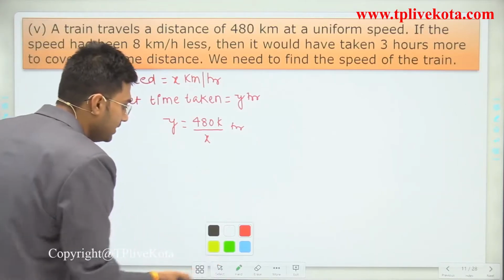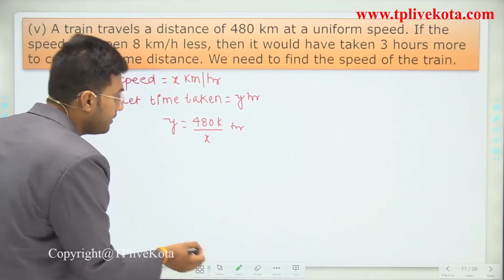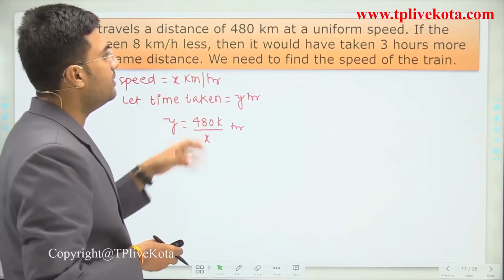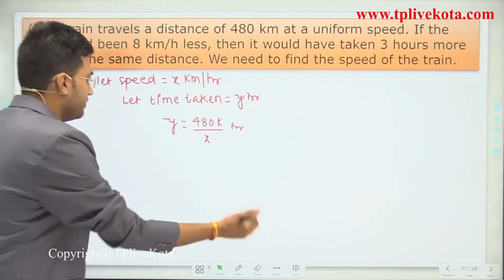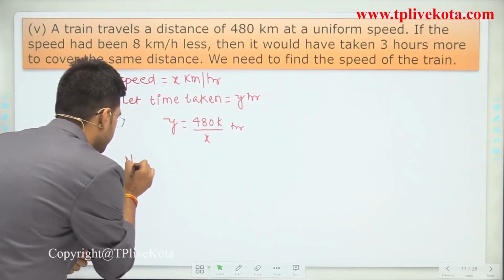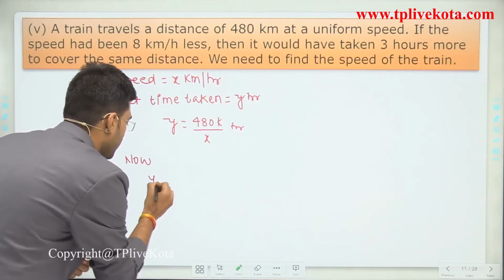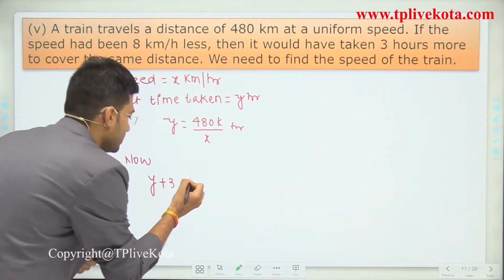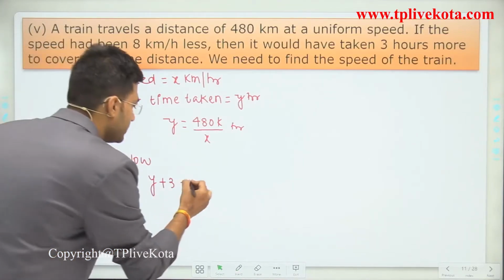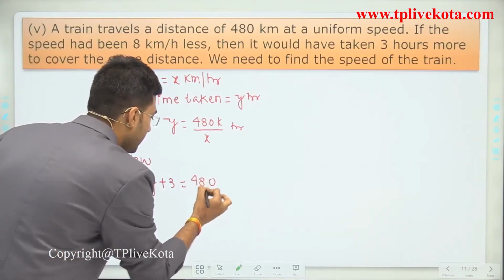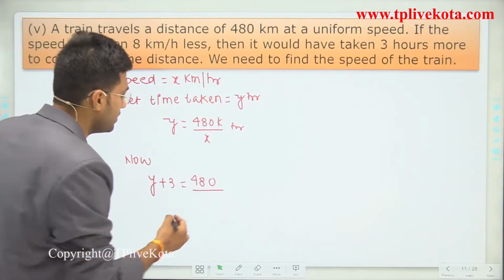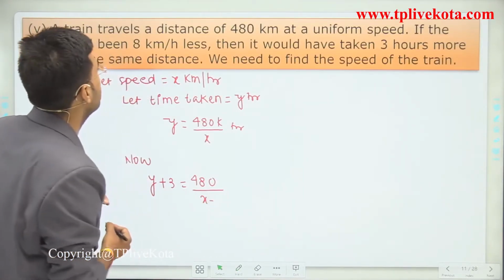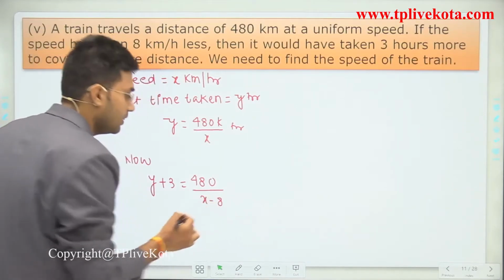Now in the next condition it is given that if the speed had been 8 km less, the new speed is x minus 8, then the time taken is 3 hours more than the previous time. So y plus 3 is the new time. The distance is the same, so it is 480, and the speed is x minus 8. Clear?